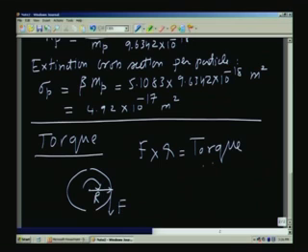This is basically the definition of the torque. The force applied on a rotating shaft, for example, with a moment arm, R is the moment arm, so the product of F and R is actually the torque.